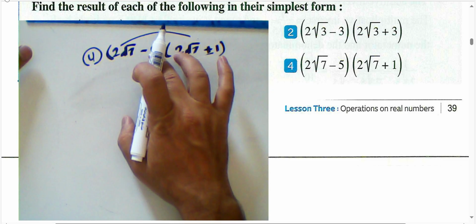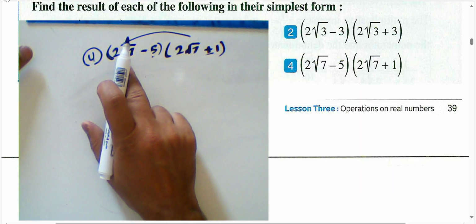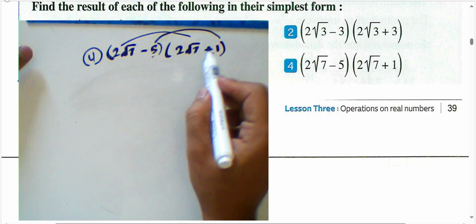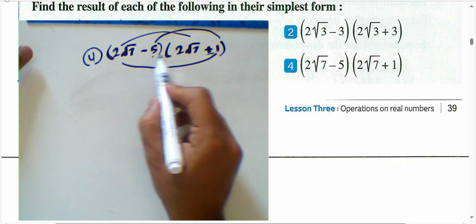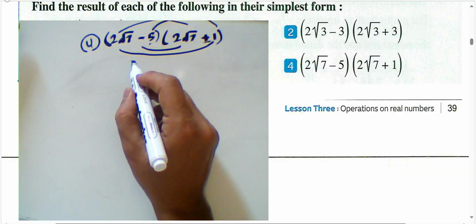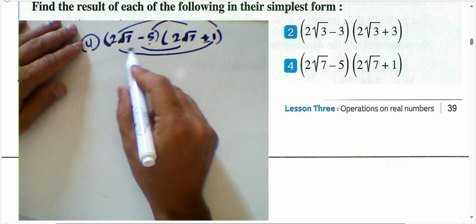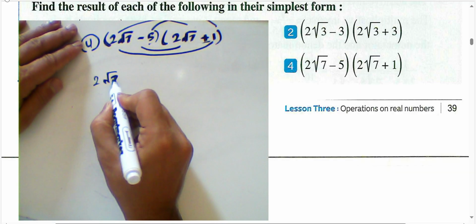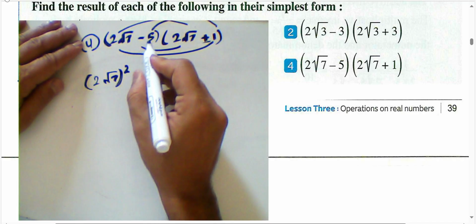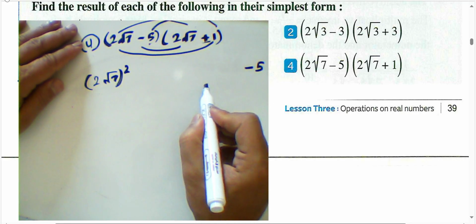Okay, they are not conjugates, so we must multiply first by first and second by second, and for the middle we multiply the extremes and the means. Then we can write 2 root 7 times 2 root 7, it will be 2 root 7 to the power 2, and negative 5 times 1 will be negative 5.